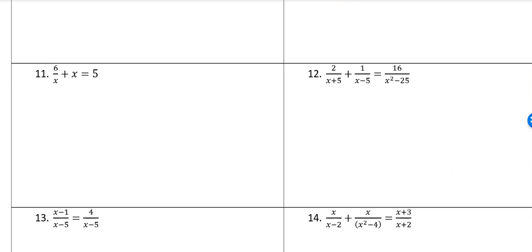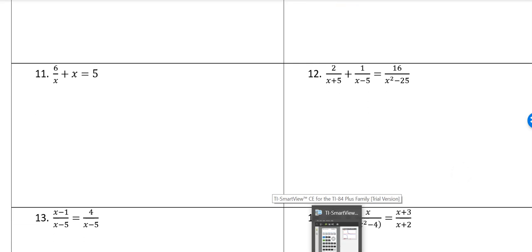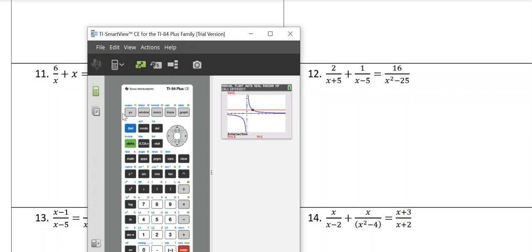All right, let's do problem number 12. Once again, we go to our handy dandy graphing calculator, go to y equals, and clear. Go down and clear again. It looks a little bit complicated. So we hit alpha y equals, press 1.